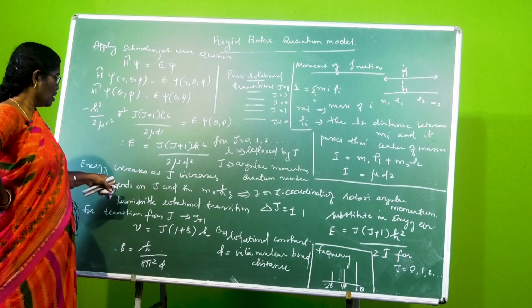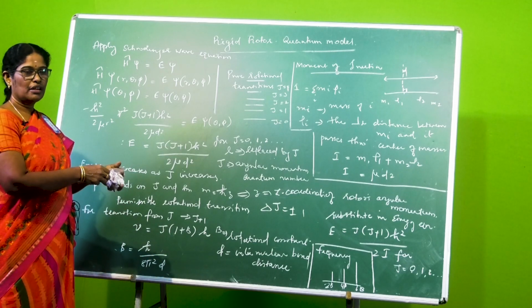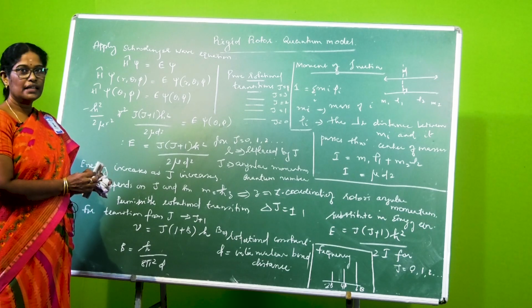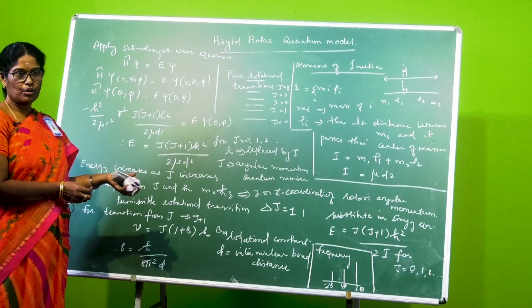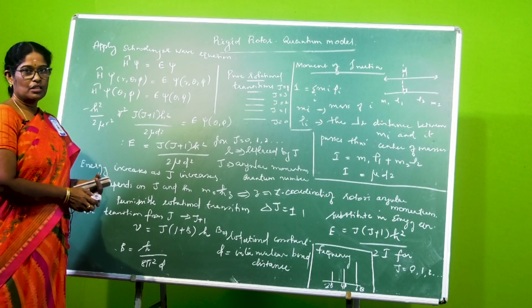As we take into account the permissible allowed energies of a transition, that will be delta J, and delta J is equal to plus or minus 1, which is nothing but the selection rule for pure rotational transition.